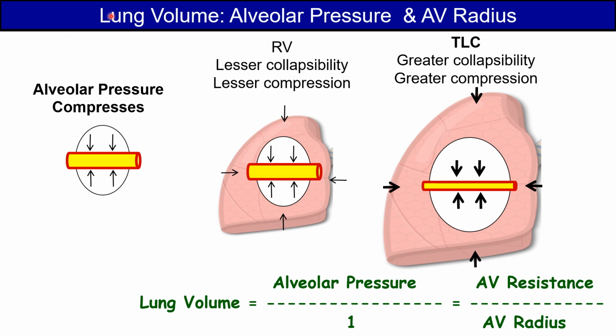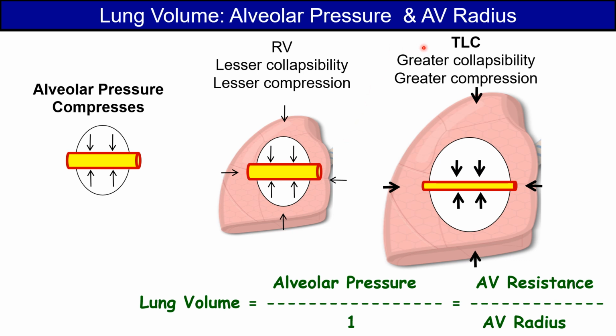Now let us examine the relationship between lung volume, alveolar pressure, and the alveolar vessel radius. The alveolar vessel radius is dependent on the surrounding alveolar pressure. The greater the alveolar pressure, the greater the compression, and the lower the radius of the alveolar blood vessels. So at RV, there is lesser collapsibility, lesser elastance, and less alveolar pressure, so there will be less compression of the alveolar blood vessels.